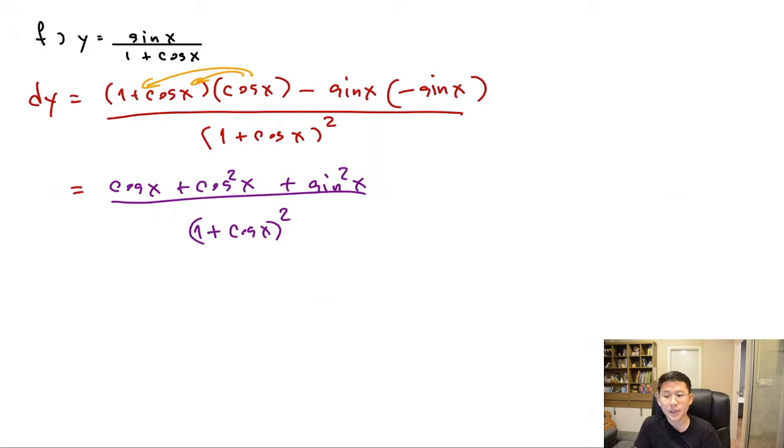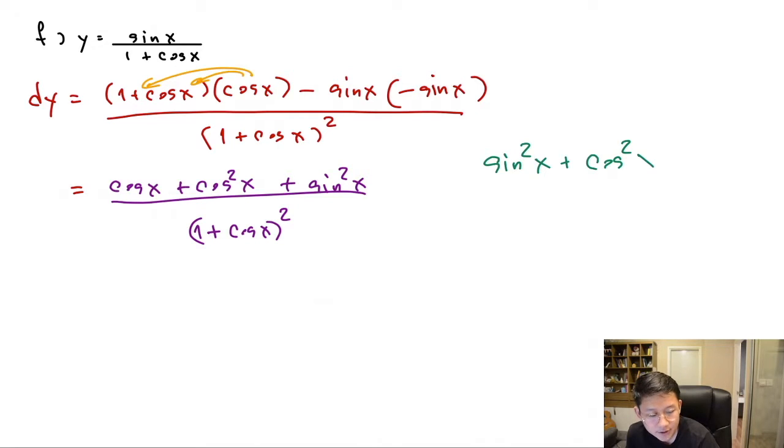But guys, if you remember the identity of trigonometric functions, we have that sine squared x plus cos squared x is 1.